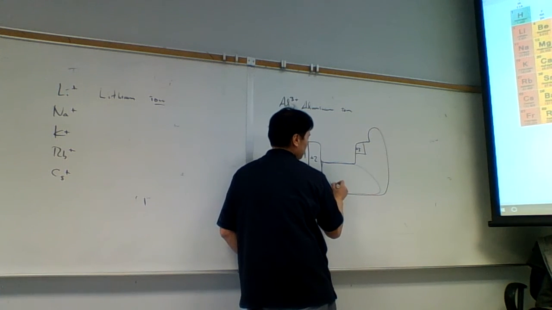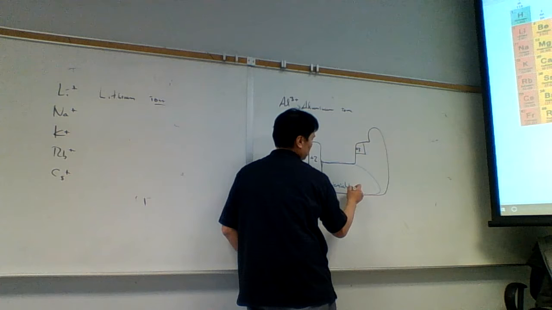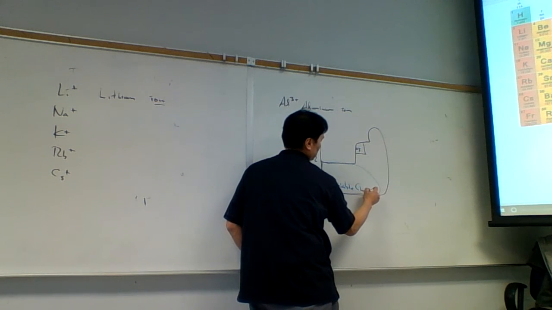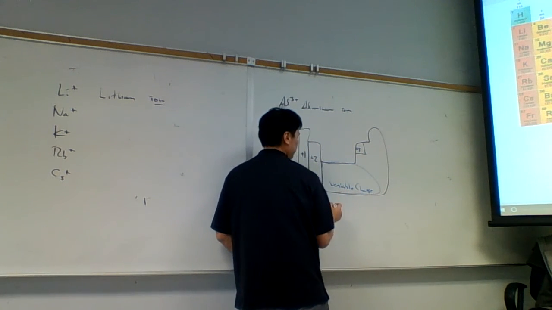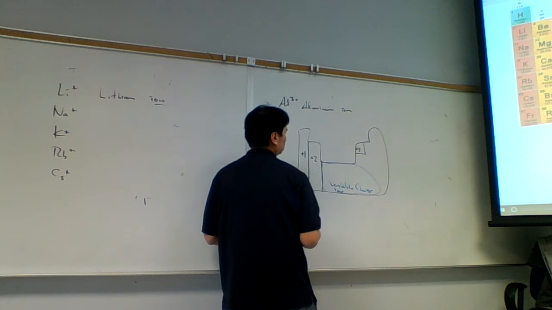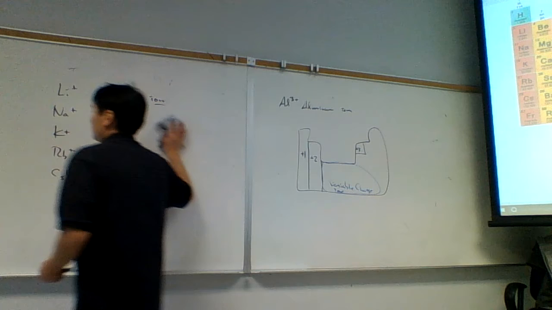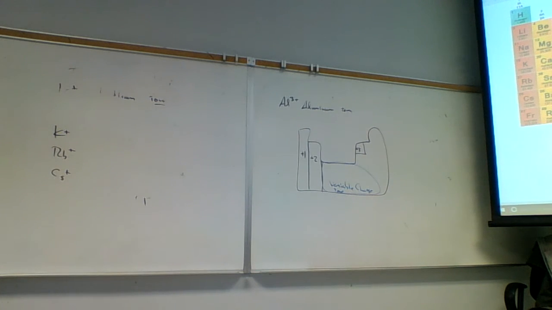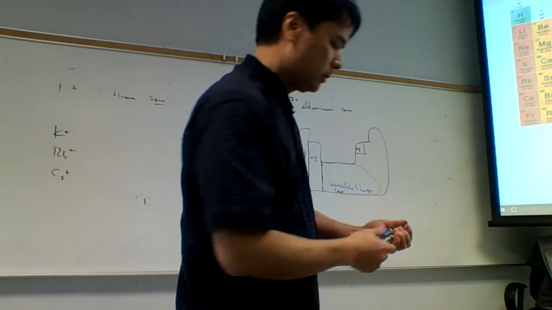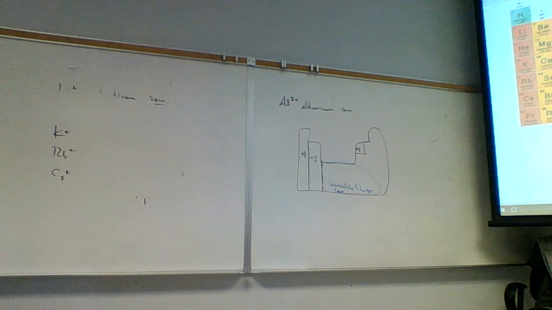And what we call these are the variable charge ions here. These were for the cations, the positively charged species. And so for variable charge, we name these differently. Variable charge monatomic.